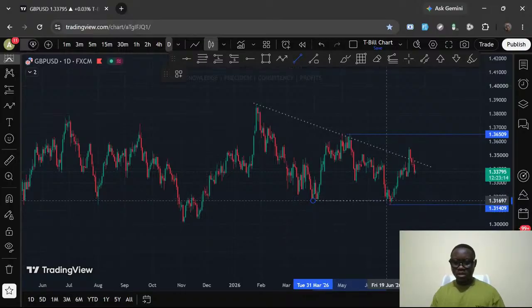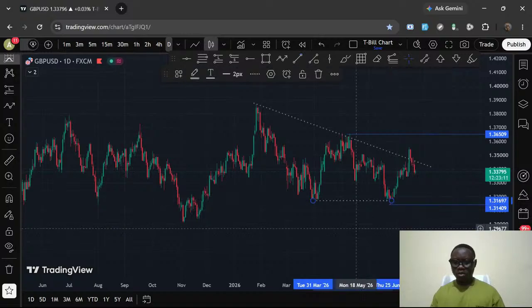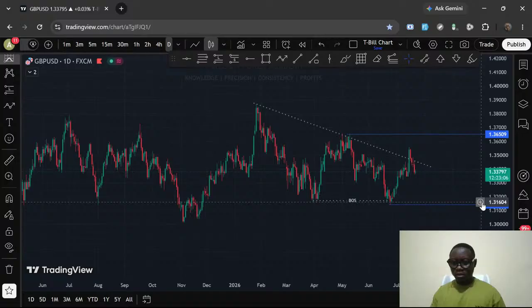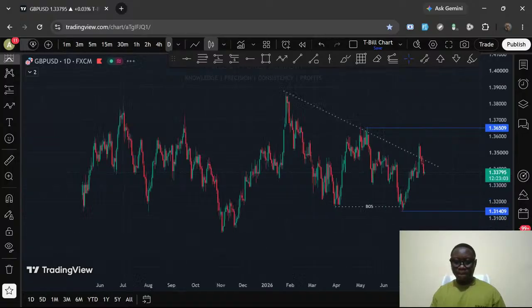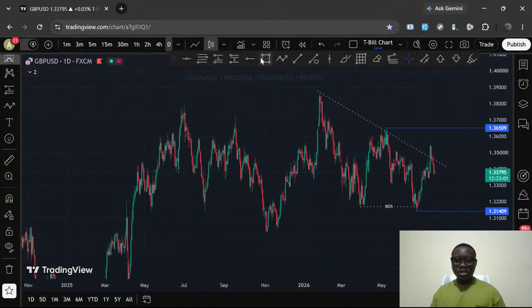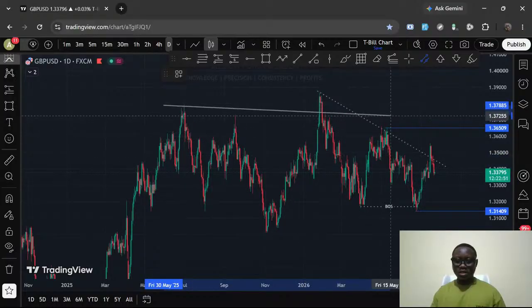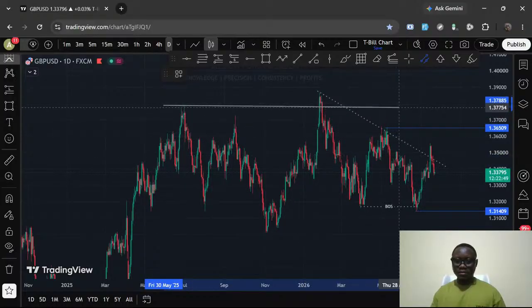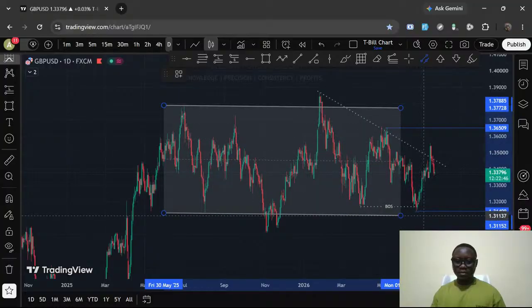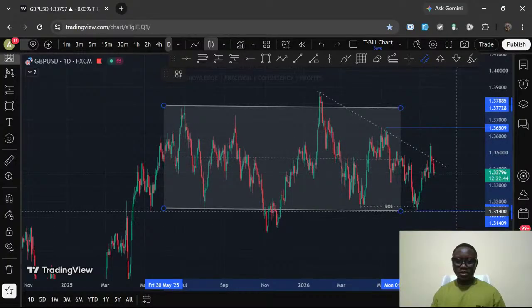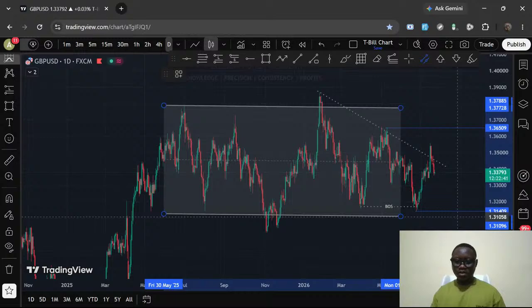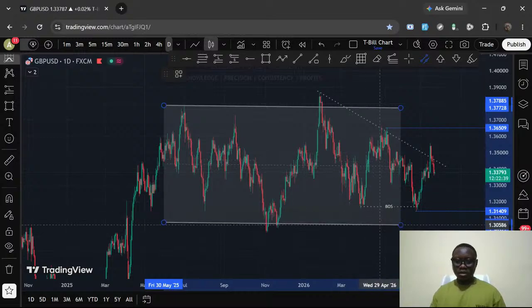Okay, so this last break of structure to the downside, BOS, and although GBPUSD is ranging, okay, you can tell that this pair is ranging.